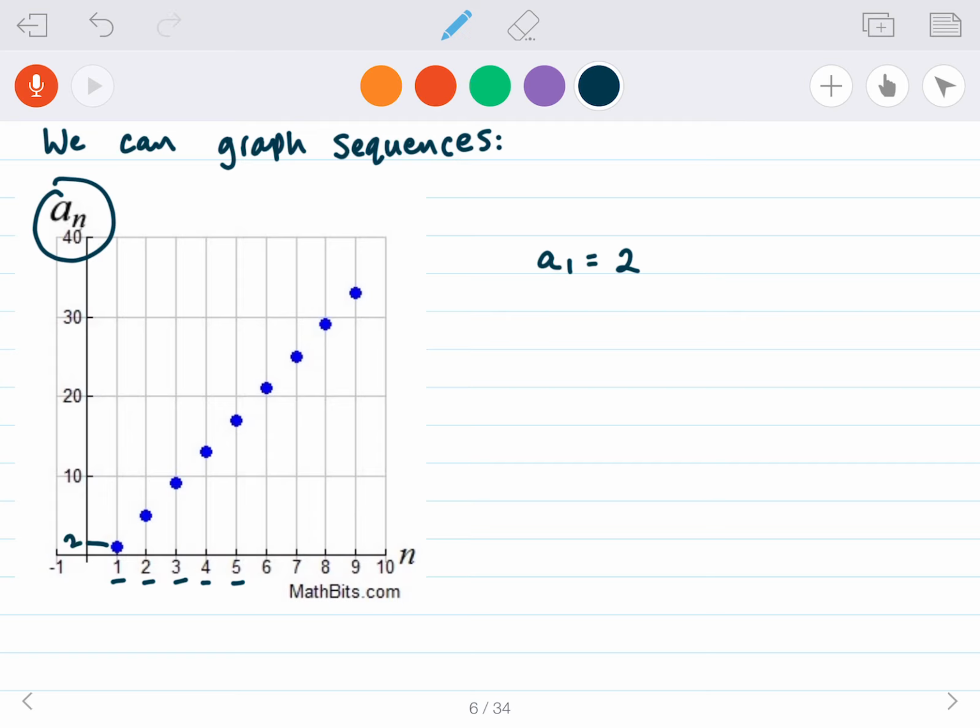And then the second term looks like 5. So a sub 2 is 5, and so forth. This looks like it's like 9 or something. So a sub 3 is 9. And we can keep going. But the point is that we can graph sequences.